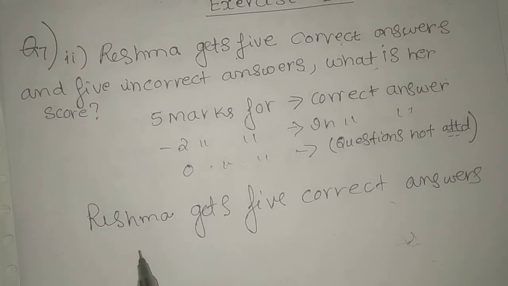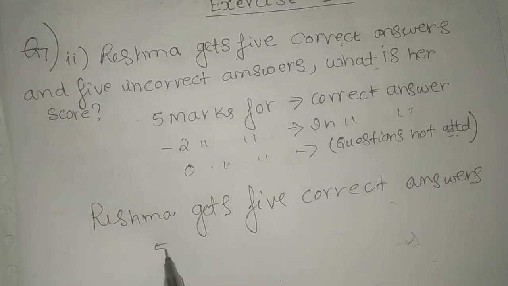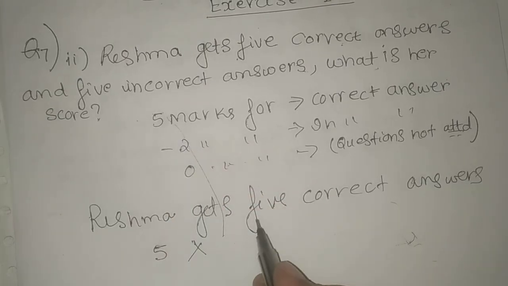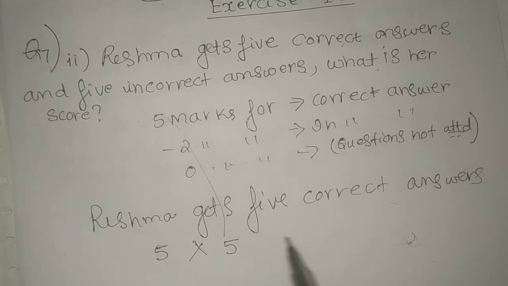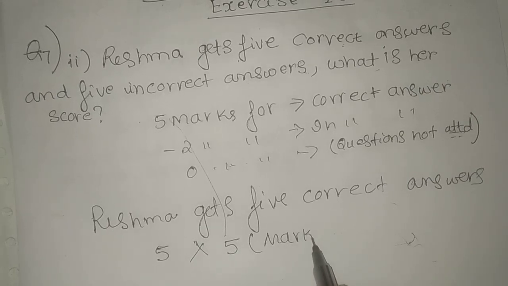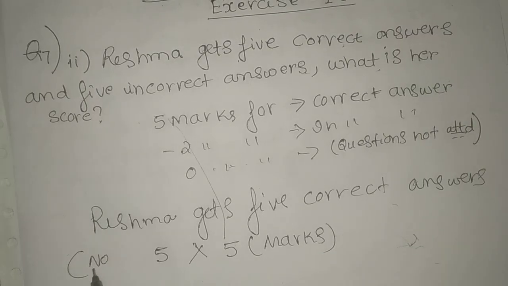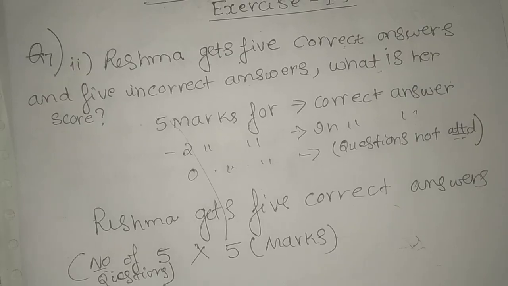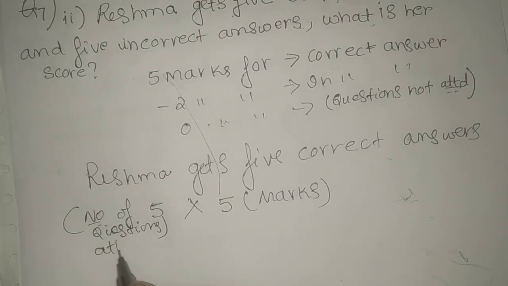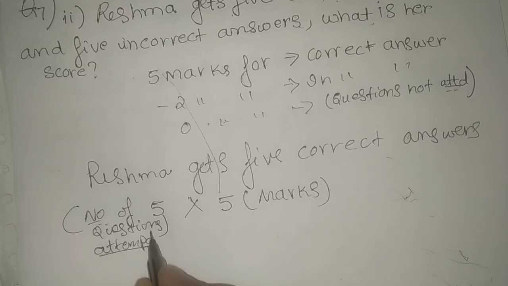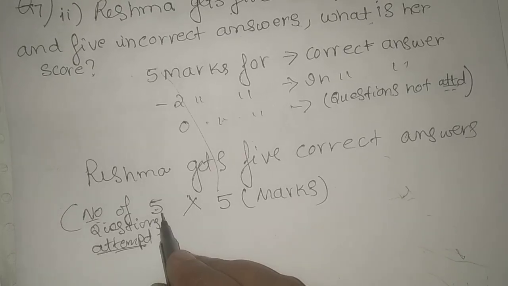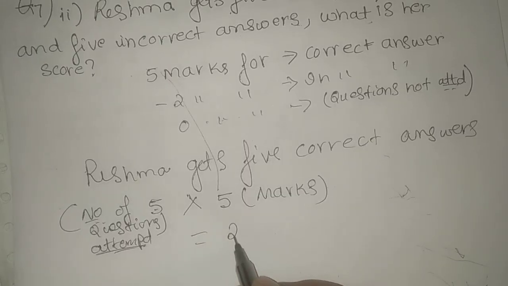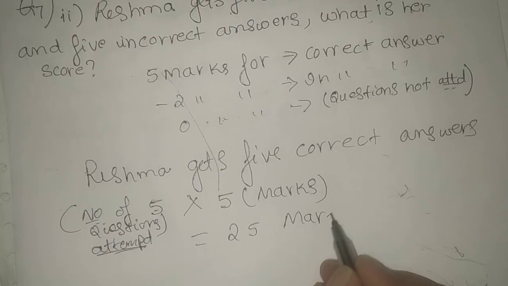That is 5 marks for each correct answer, multiplied by the number of questions attempted correctly. Multiply these two: 5 into 5, you will get 25. 25 marks for correct answers.